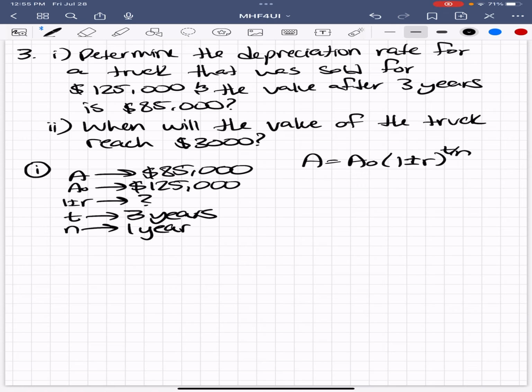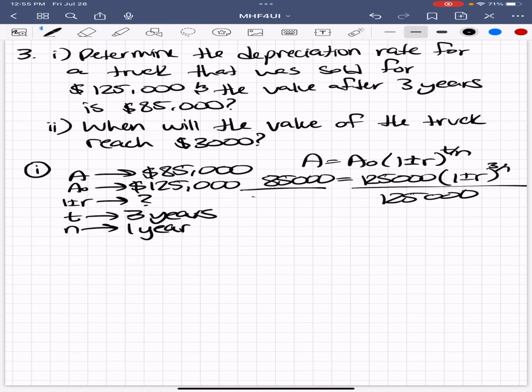So, is that right? Yeah, that's right. Because we have the exponent of 3, we're going to do exponent of 1 over 3 on each side.